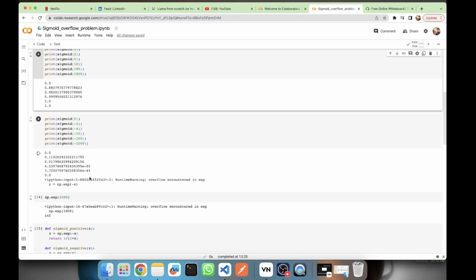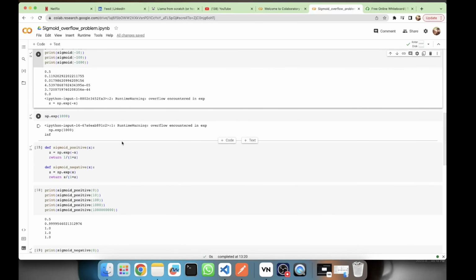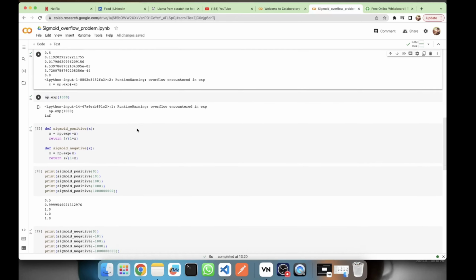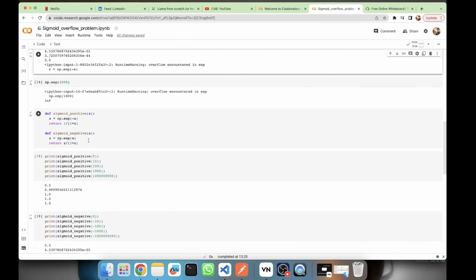We are facing this issue because of the d type issues in numpy. So what we can do, so that you won't encounter this problem while passing a negative dataset value to, let's say, logistic regression or any algo which uses sigmoid, is you make a way out of it. One way is that we will be doing two implementations of sigmoid.